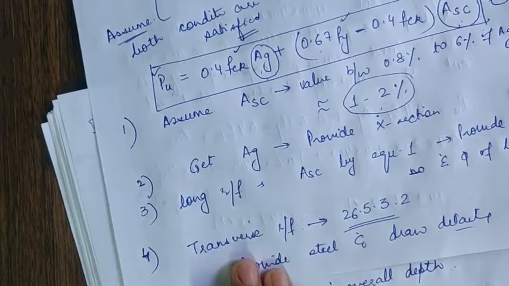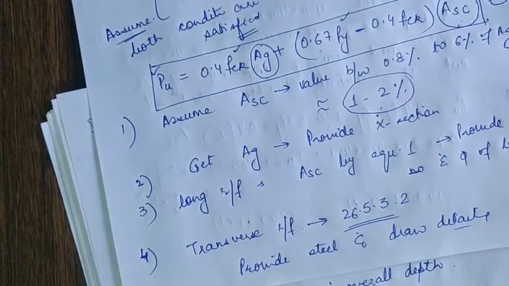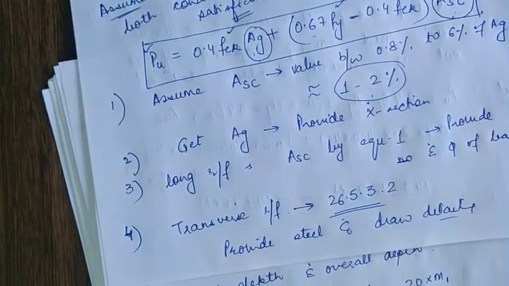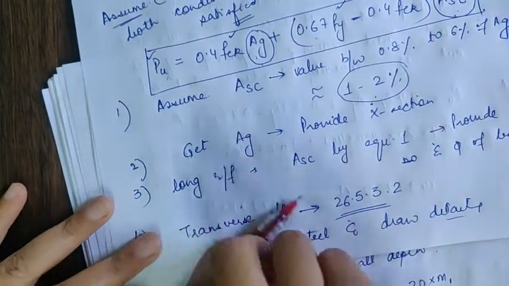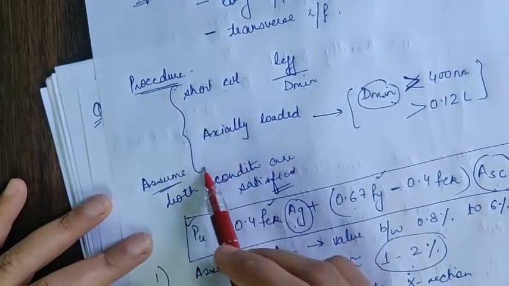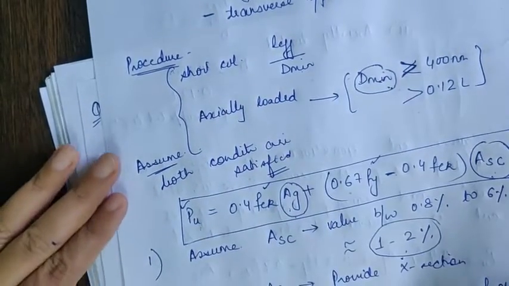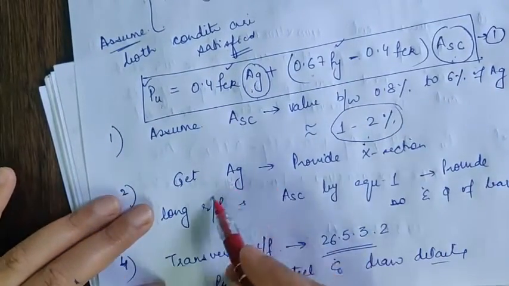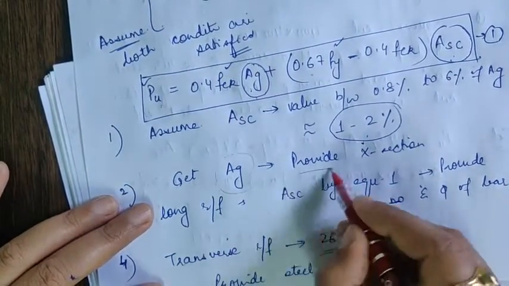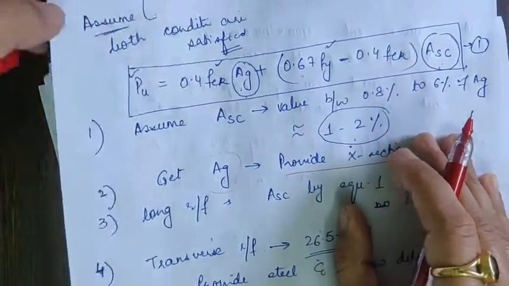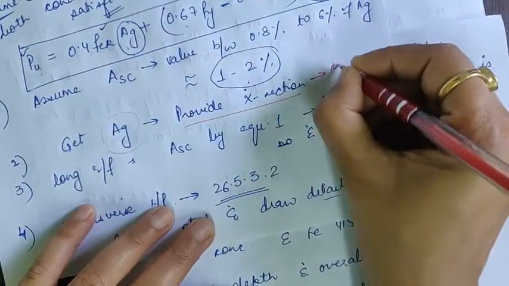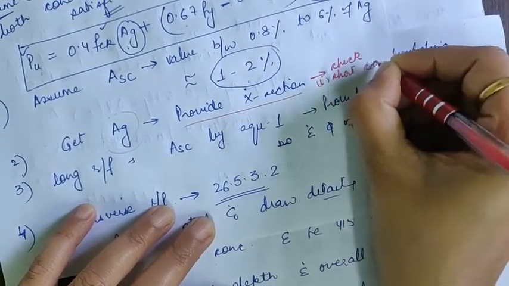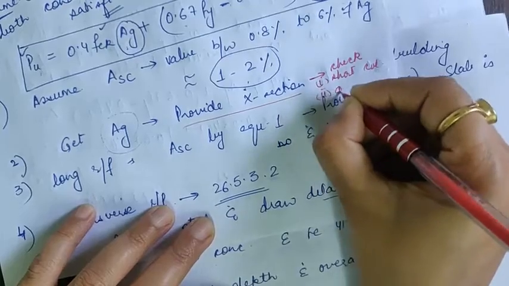Now, before doing all this, one step is to be done in between. To start with, we assume that it is a short column and an axially loaded column. It might not be, so we might not be able to use this formula. So once you get the gross area and have provided the cross section, you will check whether it is a short column and whether it is an axially loaded column.